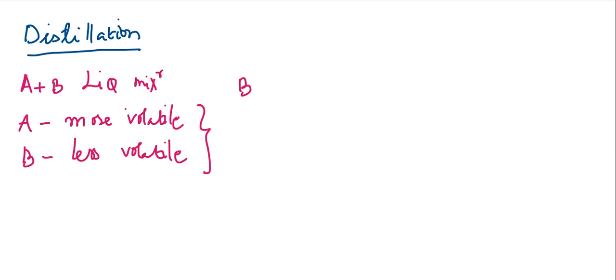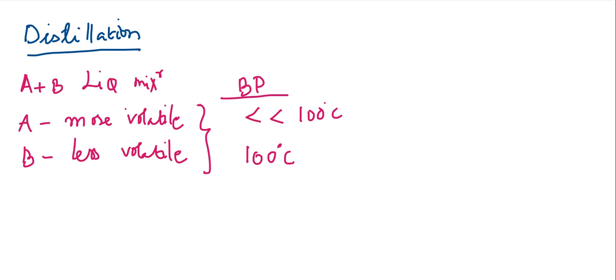If I refer to the boiling points of the two components, if the boiling point of B is 100 degrees centigrade, then definitely the boiling point of A is much less than 100 degrees centigrade.